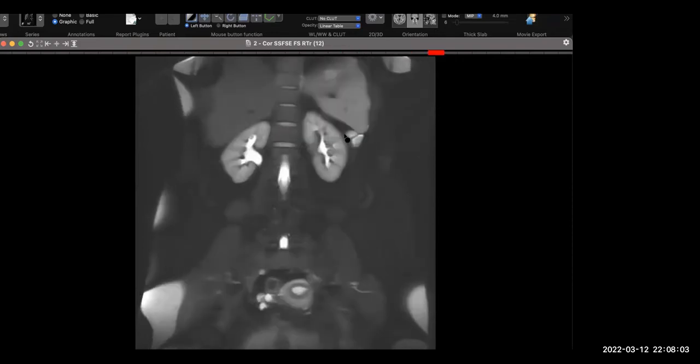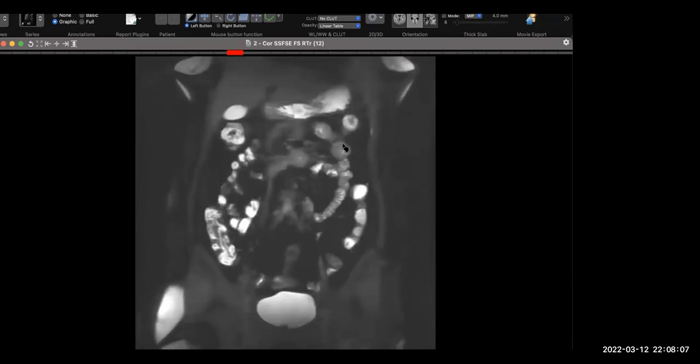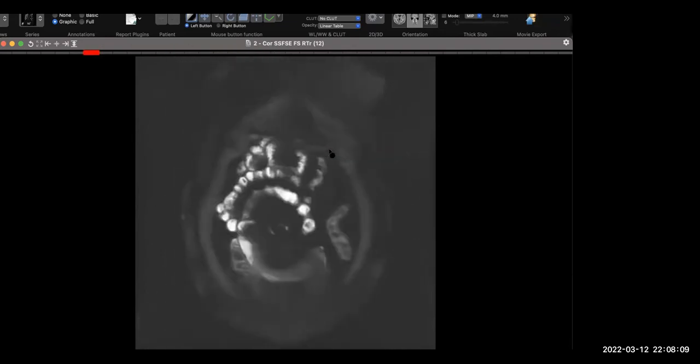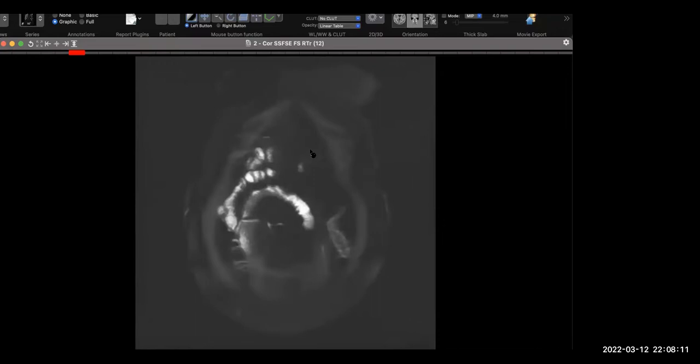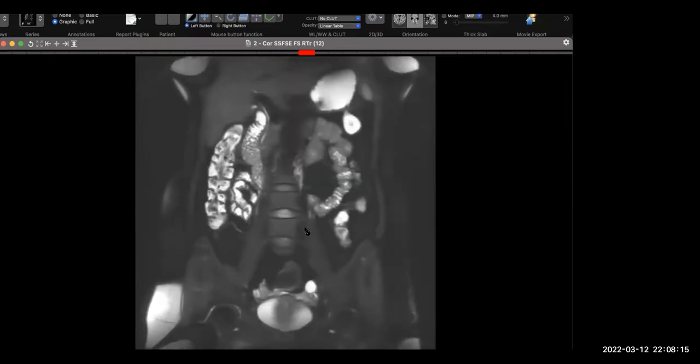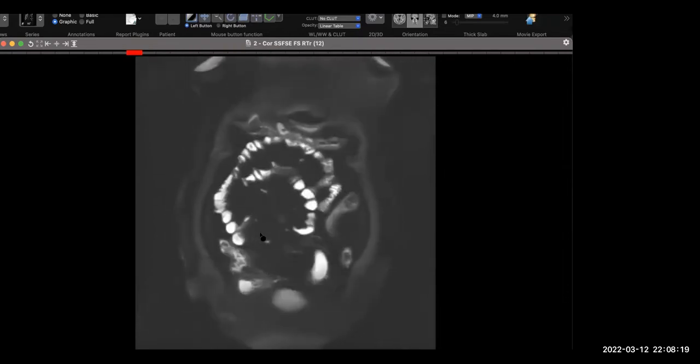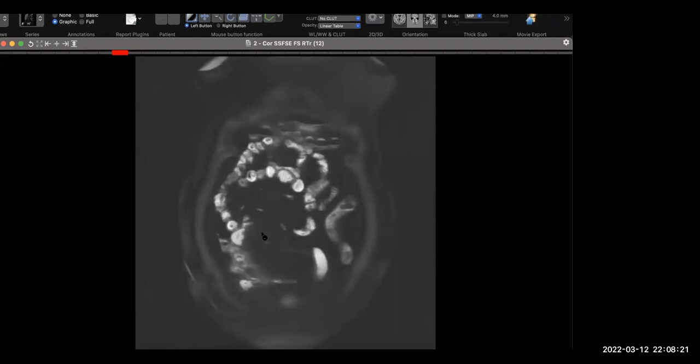So the transverse colon is not very well dilated. I'm going to look at the small bowel now. There's no obvious dilatation which I can see.